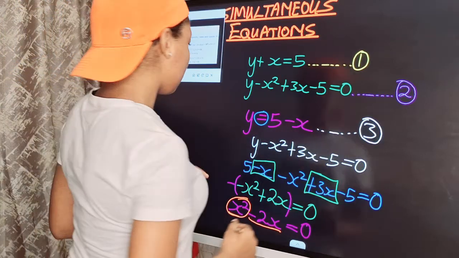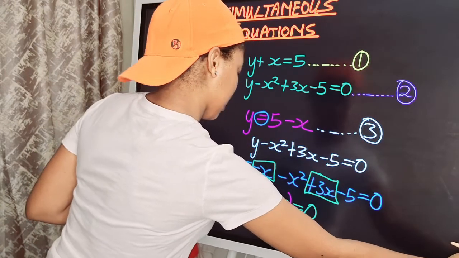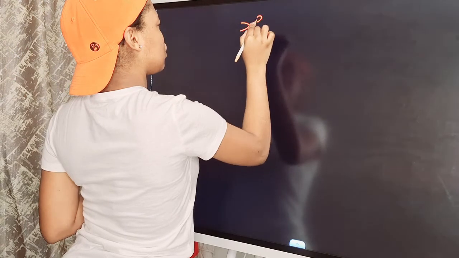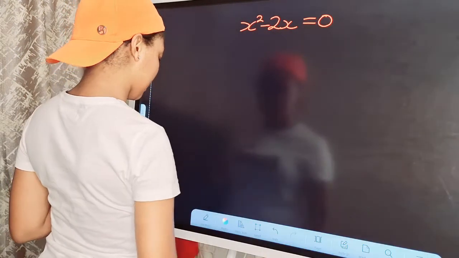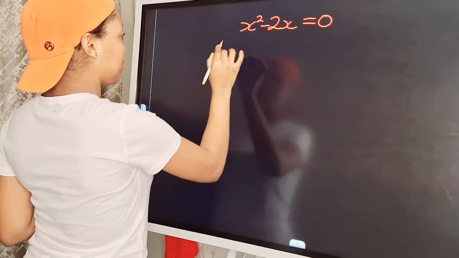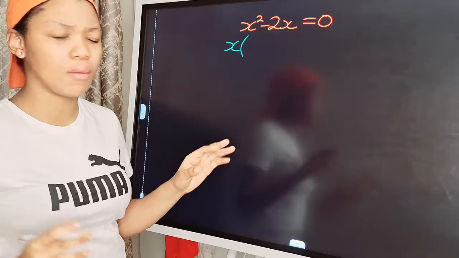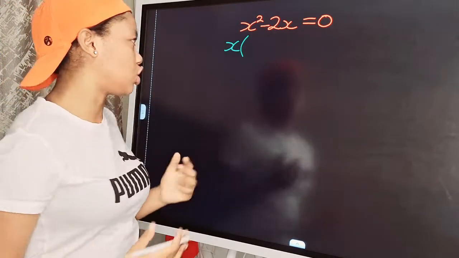Let me just move to the other side because of space. Finally, x squared minus 2x equals 0. So x is a common factor, so let's take x out. I write x, then I open brackets like this. When you write a common factor outside, you then open the brackets. That's how you factorize, by taking out the common factor.